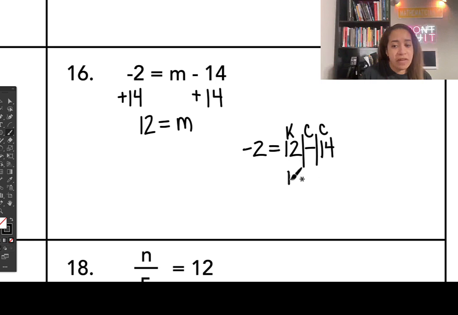We keep the 12, change from a minus to a plus, and change from a positive 14 to a negative 14. Now we see an addition problem that has different signs, so we should subtract the numbers. 14 minus 12 gives us 2, and our higher absolute value was negative, so we should get a negative 2. So we can see that our solution, 12, was correct because 12 minus 14 does give us negative 2.